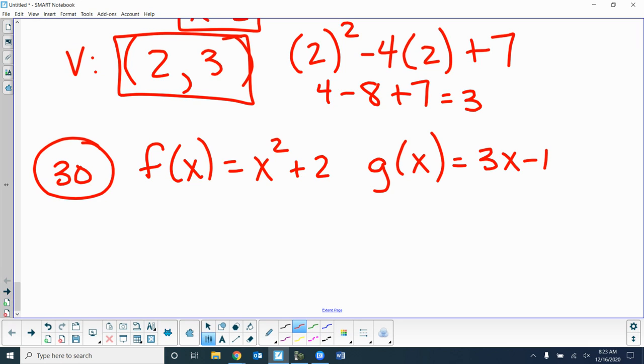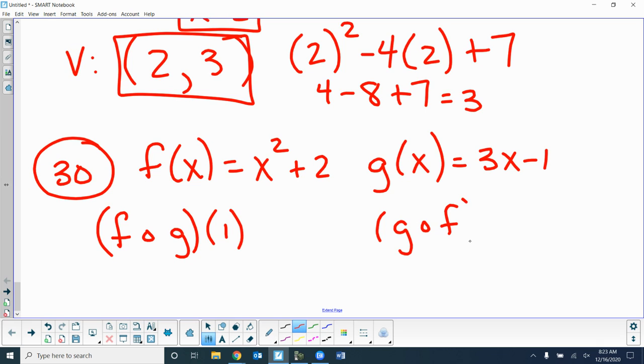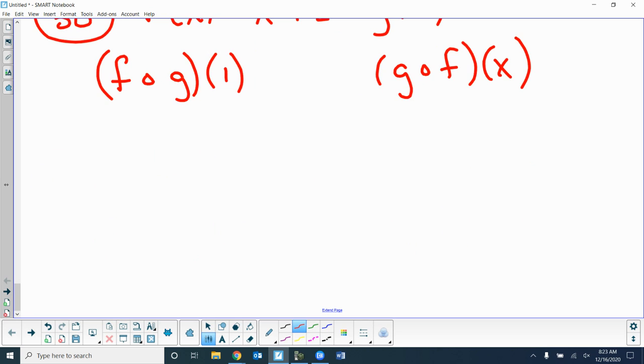Okay? So you have to do two composition functions, f of g of 1, right? And then f of g of x. So those are the last two things you got to do.